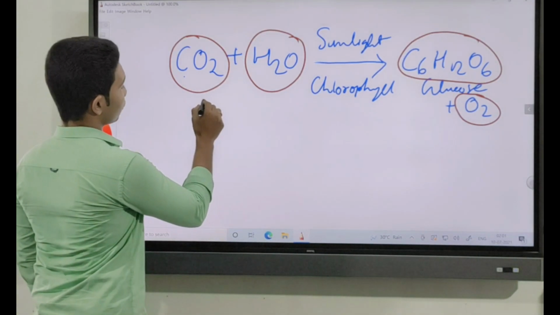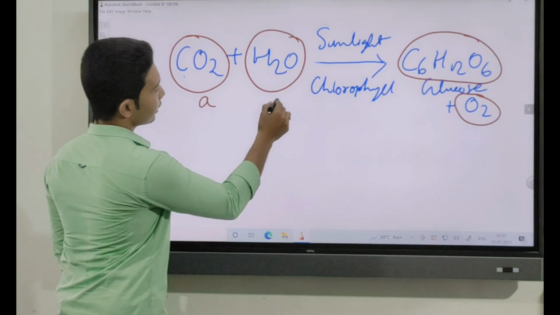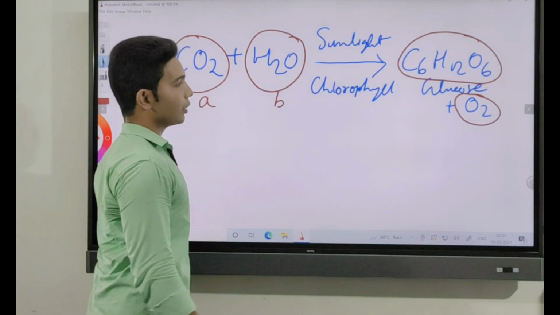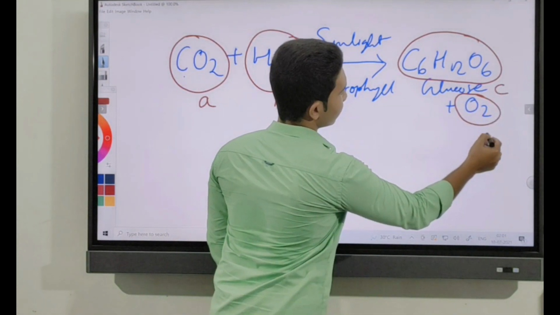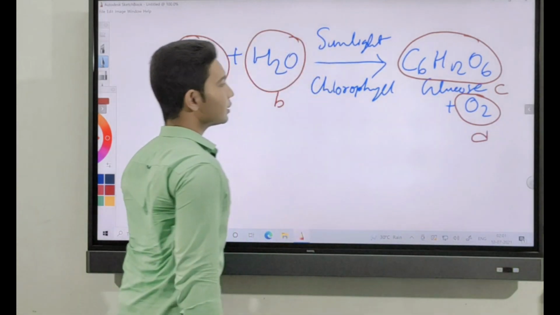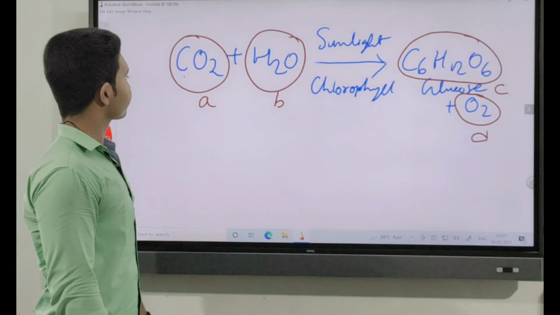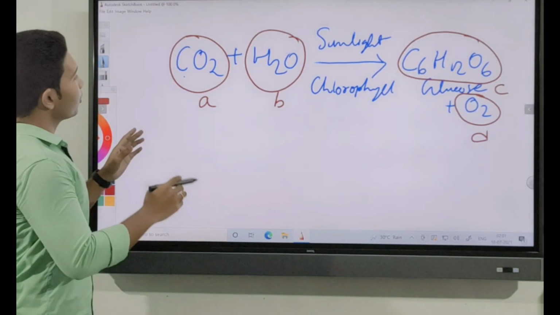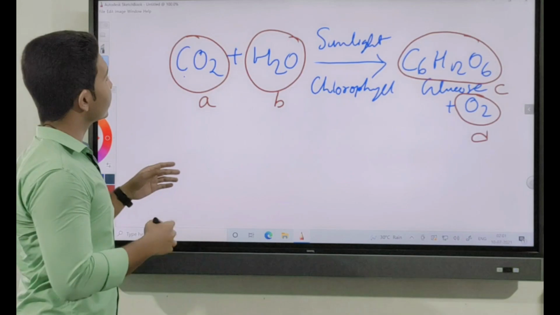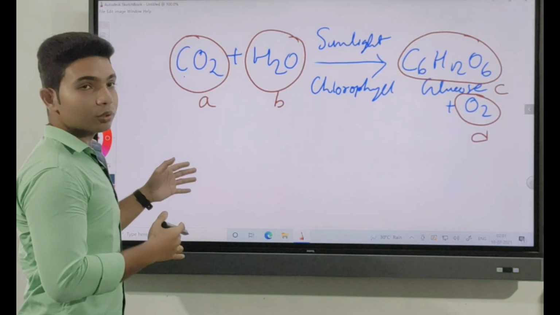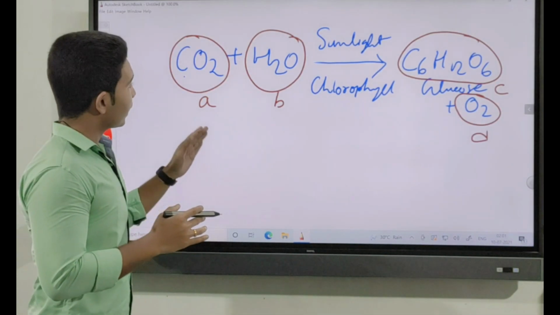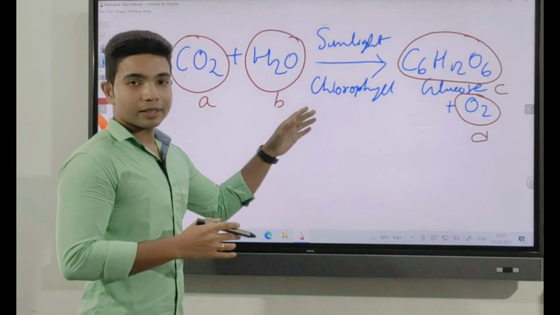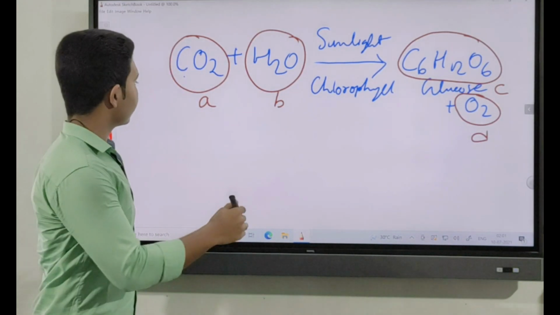I can write CO2 as A, H2O as B, glucose as C, and oxygen as D. Now you have to find how many carbons and how many oxygens are there in A, B, C, D. Let's see that.